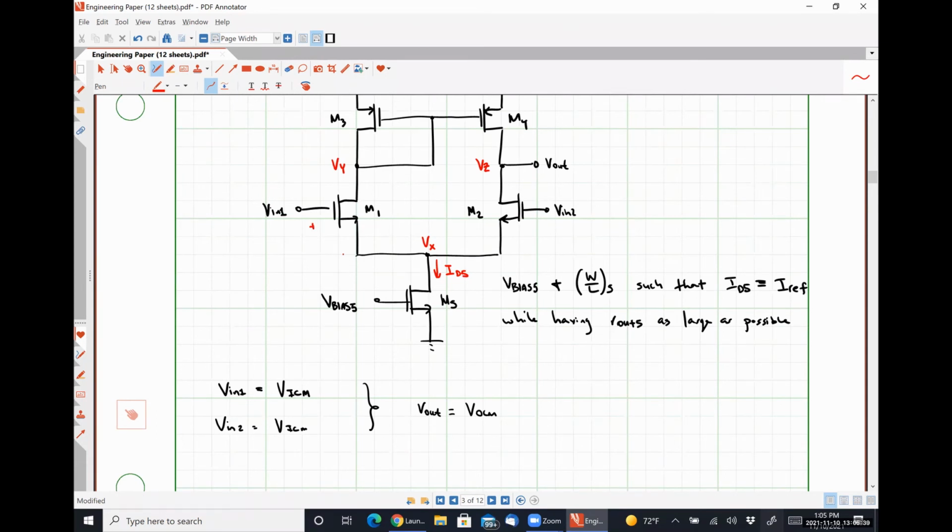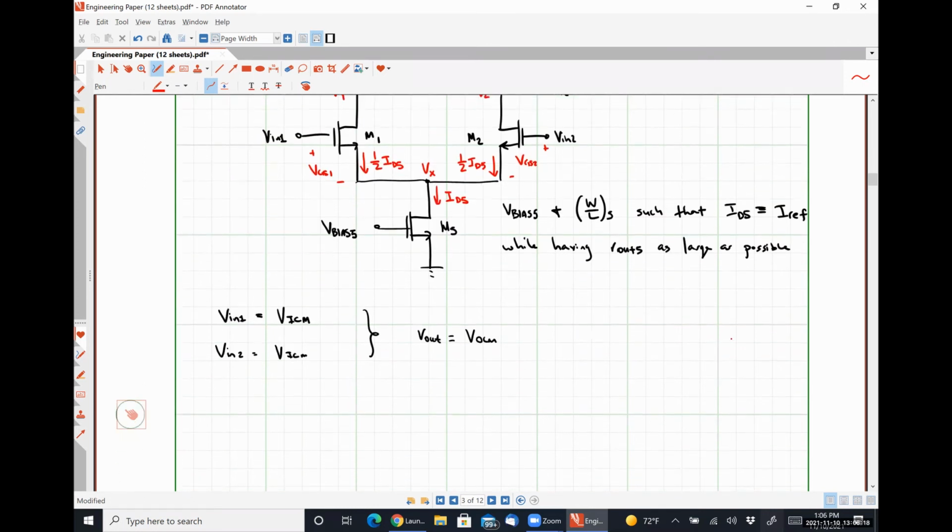So we're going to have some quantity VGS1 here. We're going to have some quantity VGS2 here. And because VGS1 and VGS2 are equal, we'll have identical currents, which will be exactly 1/2 ID5. Everything okay with that?